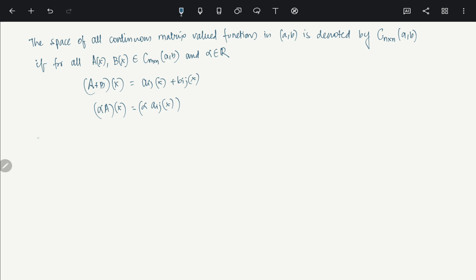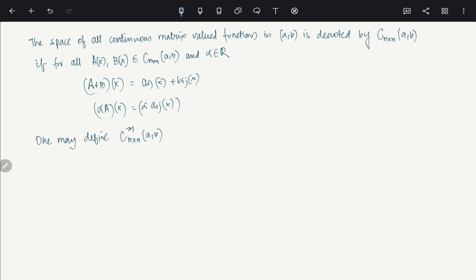Now one may define, okay, C^m n cross n of [a, b], and then let's say m. What is m? m is the mth derivative, okay.